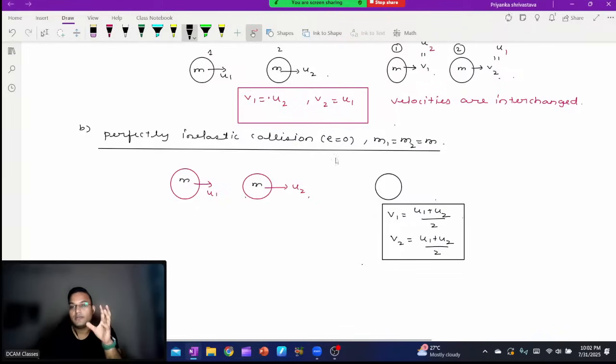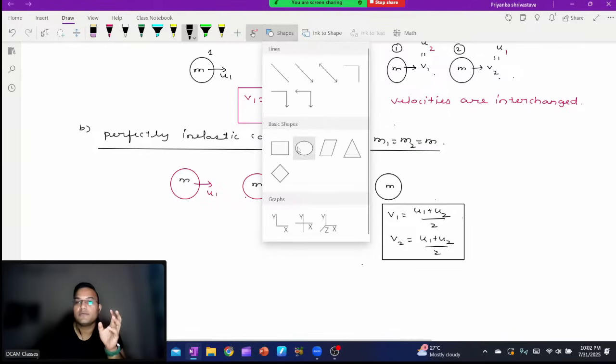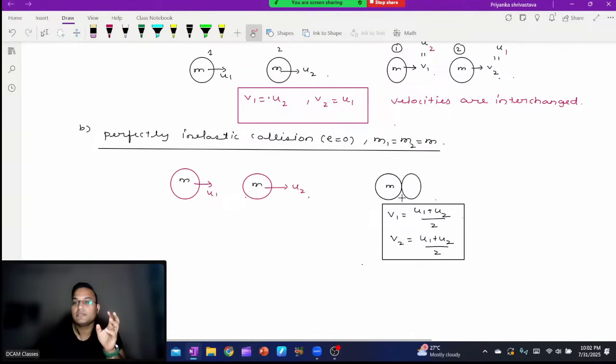Yes. Now, what is the meaning of this? After the collision, the two masses are having the same velocities, and what happens in an inelastic collision? The two masses stick to each other. After the collision, this velocity has become equal. So just after the collision, they are moving with the same velocity, means they have stuck to each other.